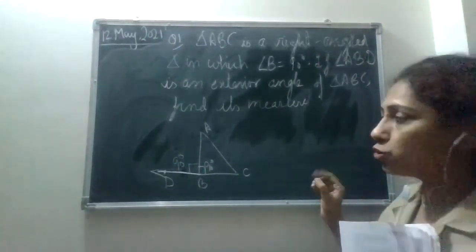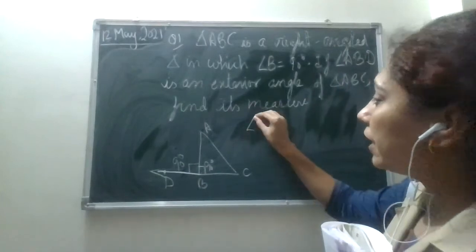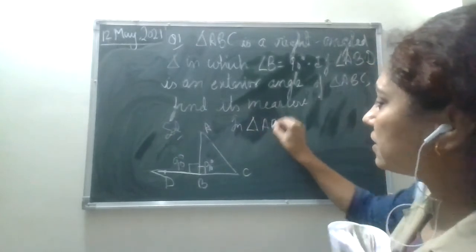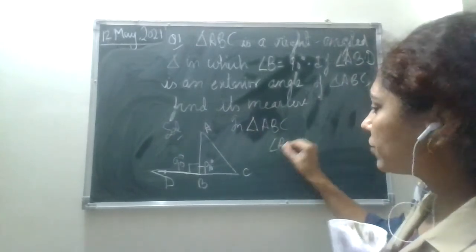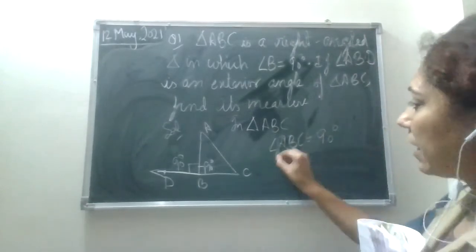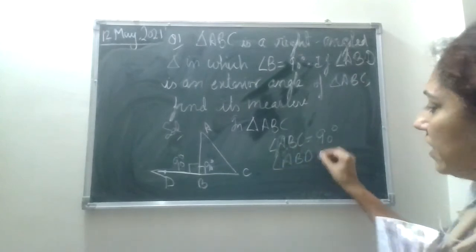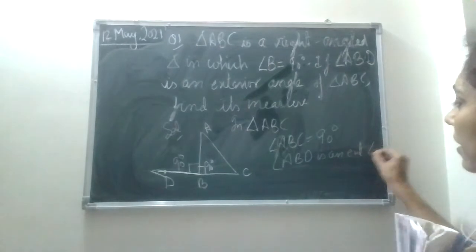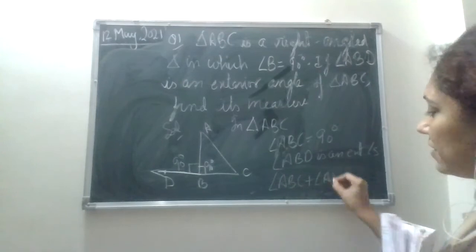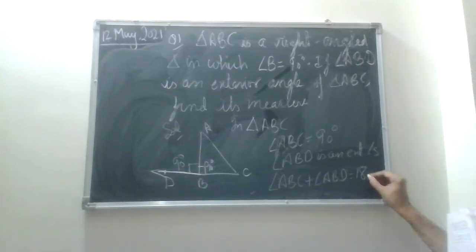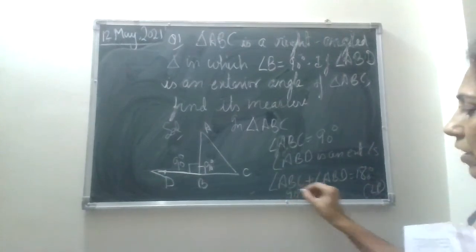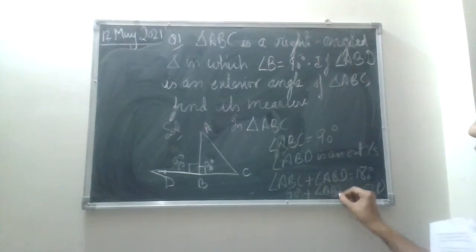And mathematically, how are we going to write it? The solution: in triangle ABC, angle ABC is equal to 90 degrees. Angle ABD is an exterior angle. Therefore, angle ABC plus angle ABD is equal to 180 degrees by linear pair (LP). Angle ABC is 90 degrees, plus angle ABD equals 180 degrees.